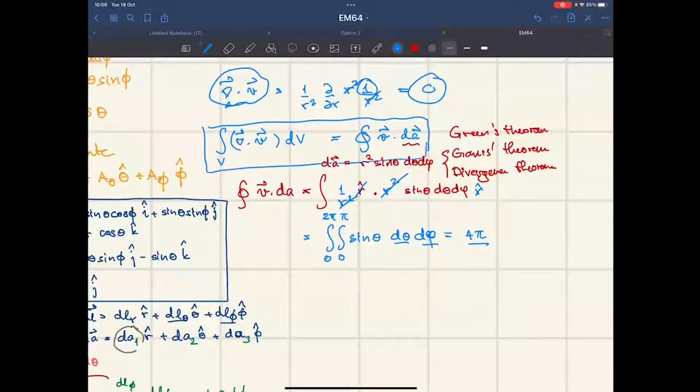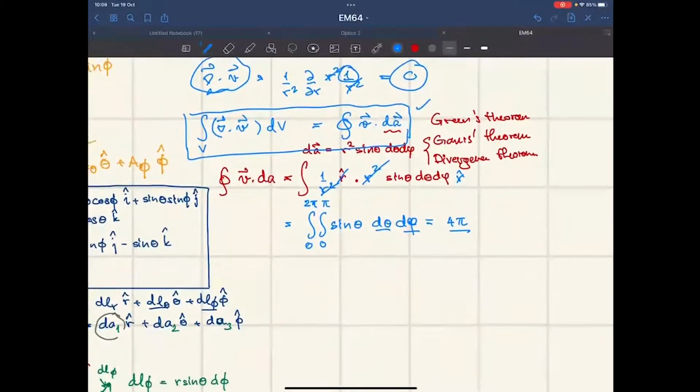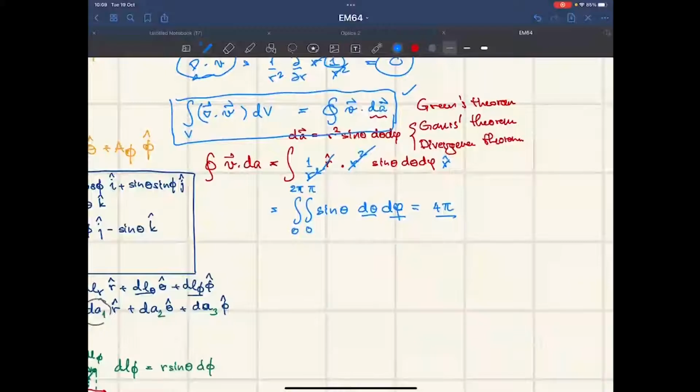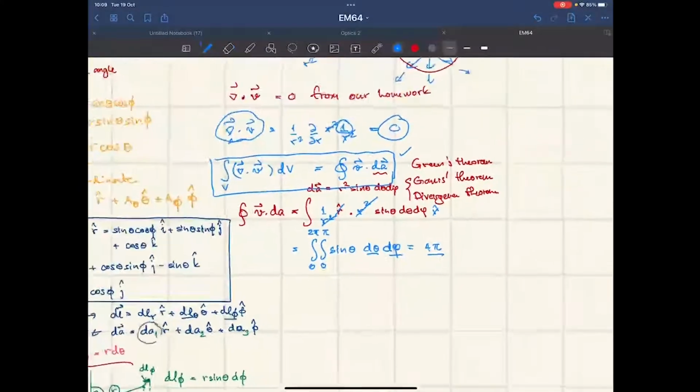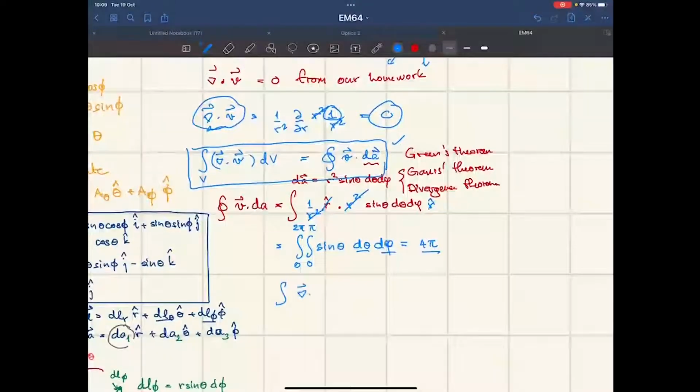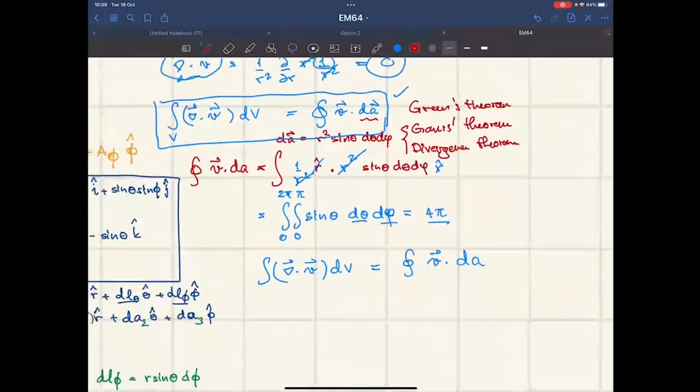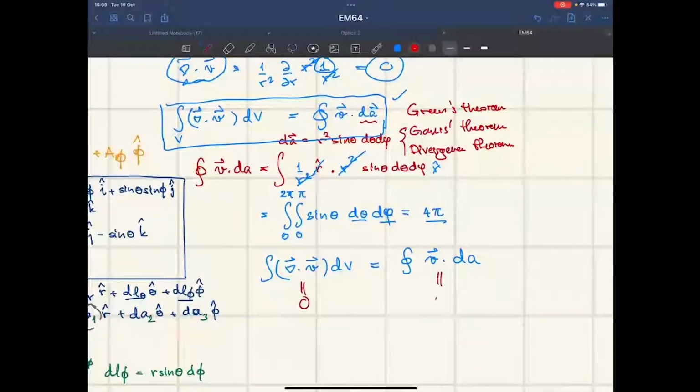This one is always correct, isn't it? So something is not right. We have this thing equal to this, but now we did the calculation and this thing is 0, and this thing is 4 pi. They're not equal. Something must be wrong here.